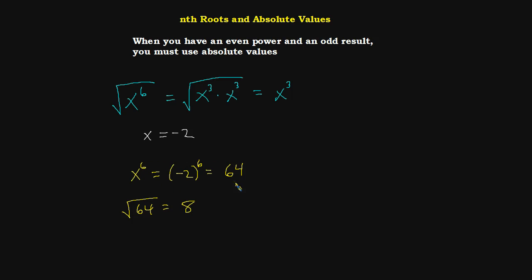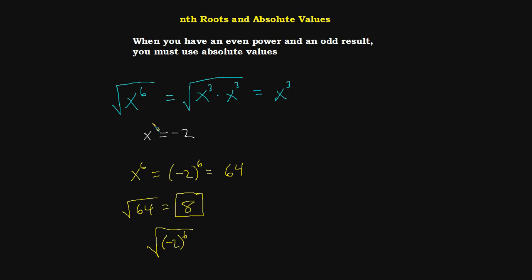Now, all of this that I've just described is correct. If I take -2 and put it in here, I should apply that power before I ever do the square root. It's called PEMDAS. We do whatever is inside the parentheses first, and then we take the square root next. So the correct answer should be 8 if I put in x equals -2.